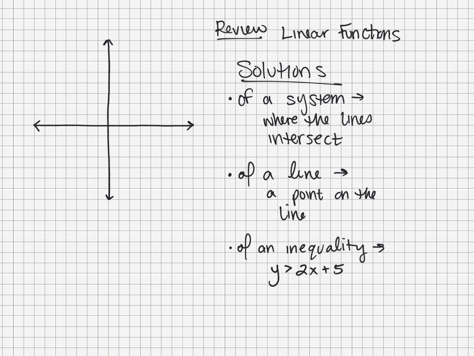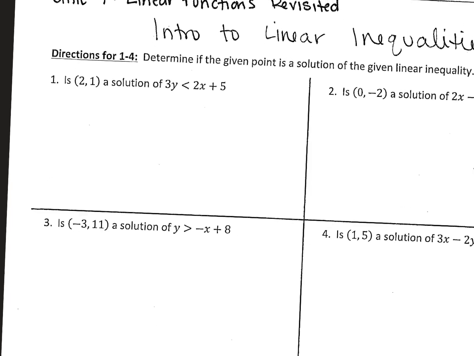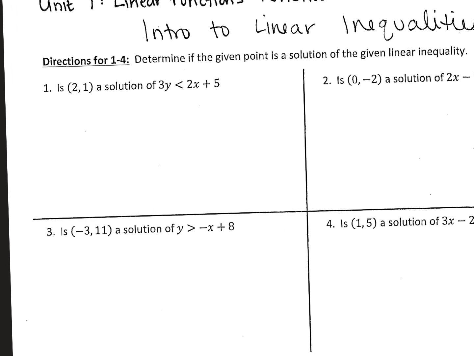So if we check out some examples here, we are going to determine if this point is a solution for our equation, 3y is less than 2x plus 5. So in order to check if it's a solution, I'm checking if this x and y value work in this inequality.